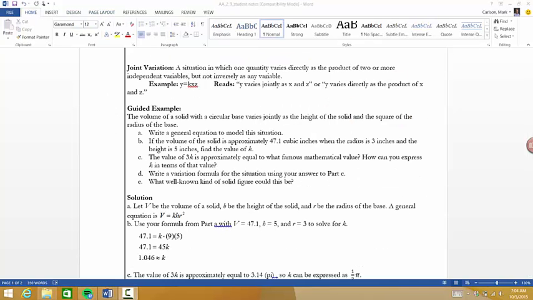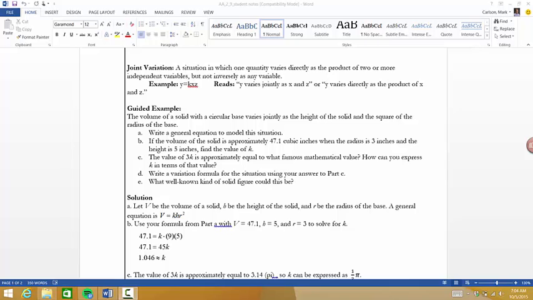All right, so the second term that we have in this section is the term joint variation. Joint variation is a situation in which one quantity varies directly as the product of two or more independent variables. So basically we have a dependent variable that varies directly with at least two independent variables, and in this situation there is no inverse variation that goes along with it.